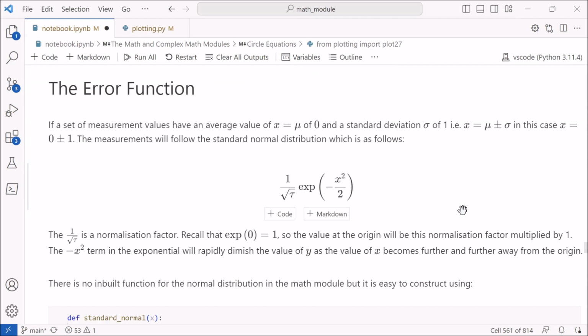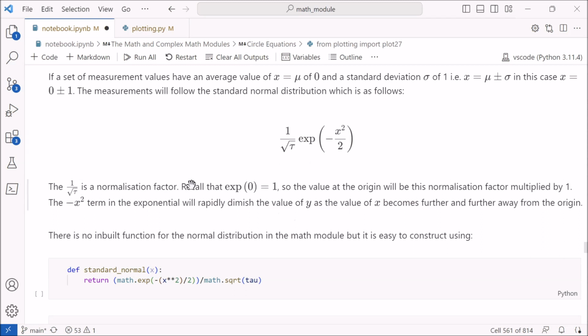To understand the error function, we need to have a look at the normal distribution. The normal distribution has a mean mu of 0 and a standard deviation of 1. It's got normalization factor 1 over square root of tau, and then exponential of minus x squared over 2.